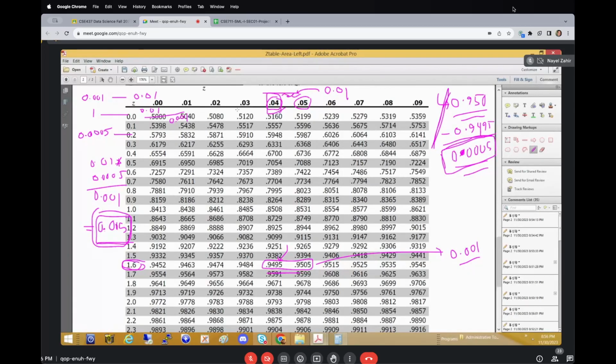It means the total value will be: we have 1.6, then we have 0.04, and then for this difference, the difference in y-axis values is 0.005.